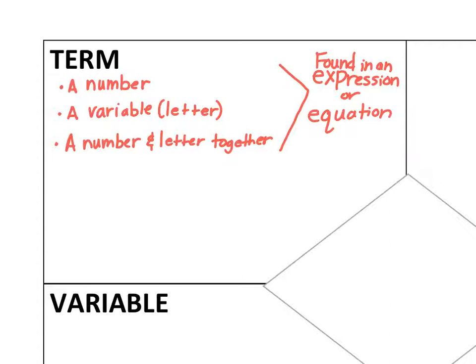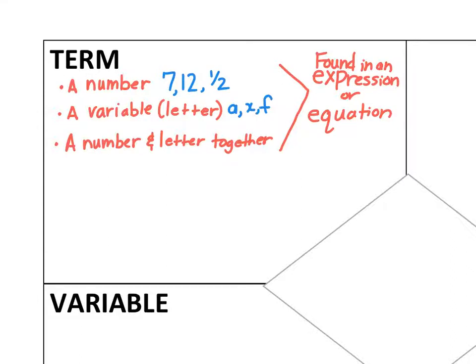When we say a number, we mean something like, say, 7 or 12 or 1/2. It doesn't need to be anything in particular as long as it's a number. When we say a variable, we could say something like A or X or F, whatever letter is used.